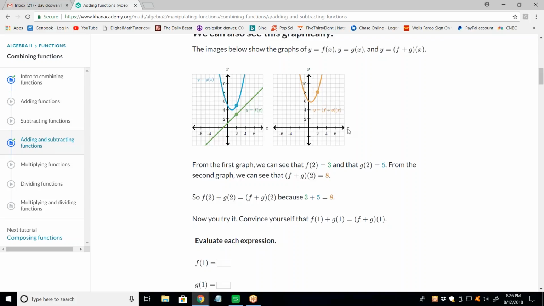In other words, the only way to answer these is off of the graphs. Sometimes that's the case, and that's the purpose of this. Okay, f of 1 is 2. If I go to 1 on my x-axis, that is 2. Okay, what is g of 1? 4.